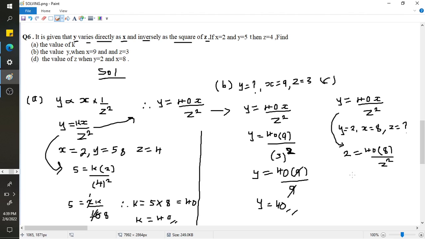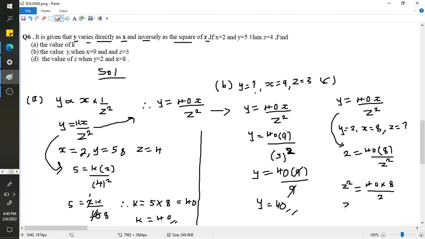So look at this. We can make z the subject of the formula. If we do that, we're going to have z squared is equal to 40, we're multiplying 40 by 8, and again divide this by 2.